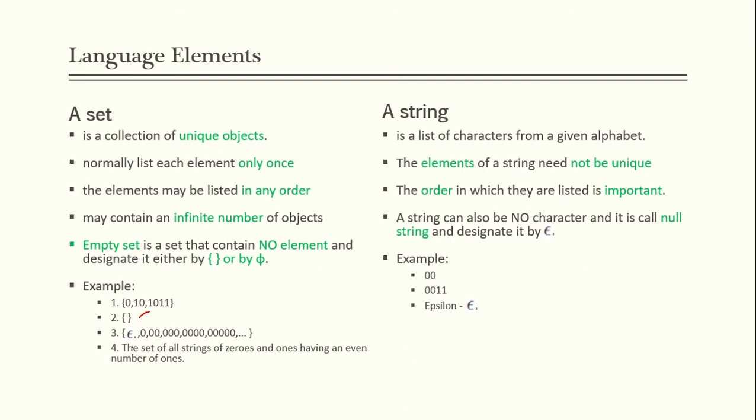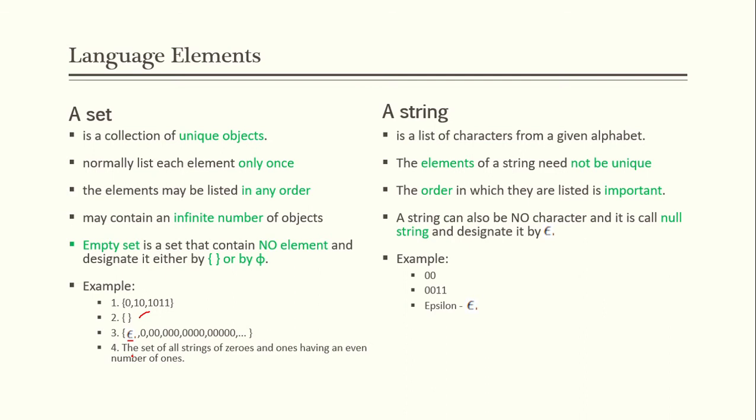The third one is another example of elements inside a set, with the first element being the null string. The null string is represented using epsilon. A set can also be in the form of a sentence, like number 4, the set of all strings of zeros and ones having an even number of ones. So that is a set.